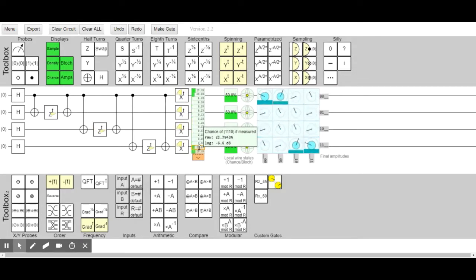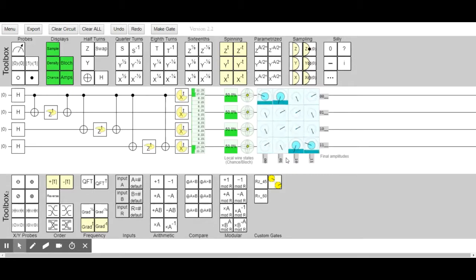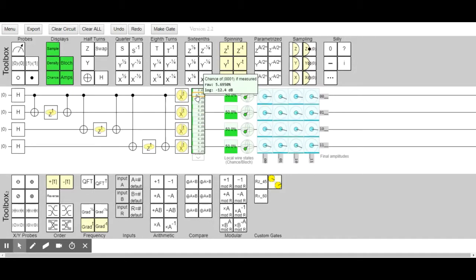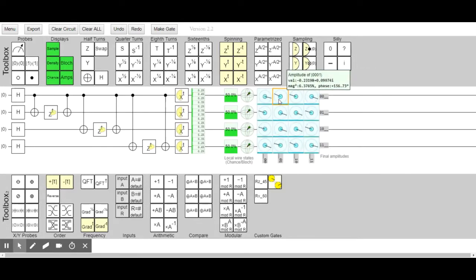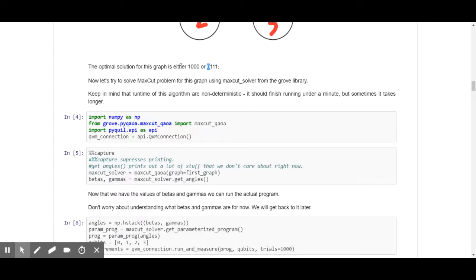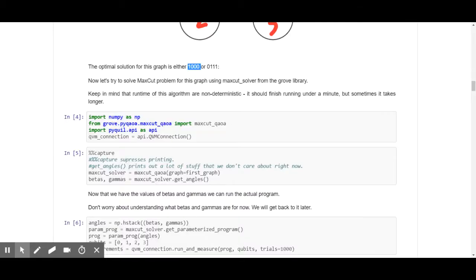So there's a point in time where those things become the highest probability, and this is exactly what we're looking for. I can't really pause this. It would be cool if I could, but this is the solution we're looking for. 0, 1, correct? Which is this one, right? It's just flipped in terms of the order, and then this one, which is basically this.